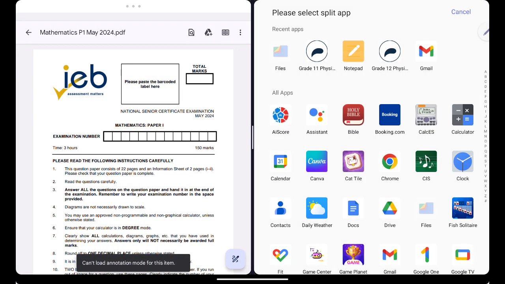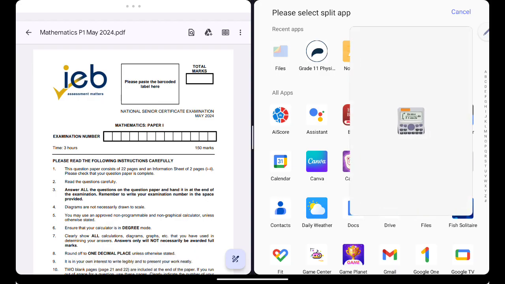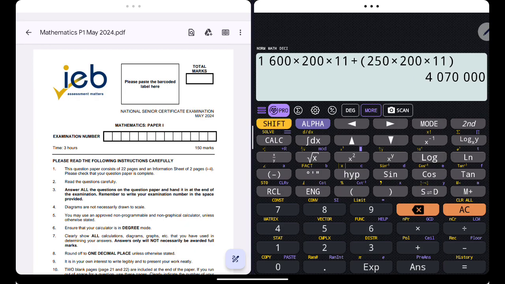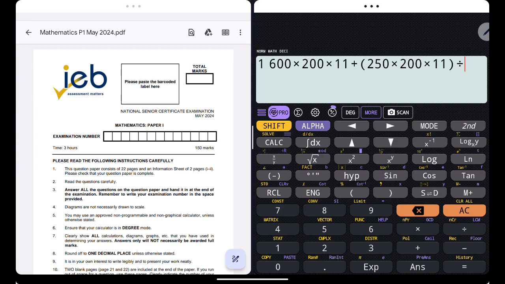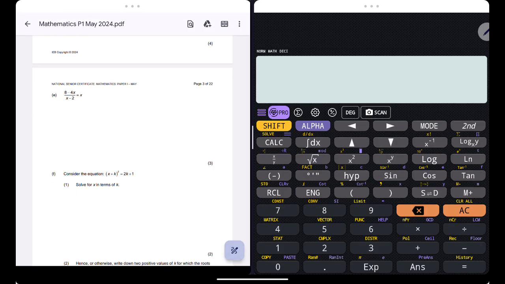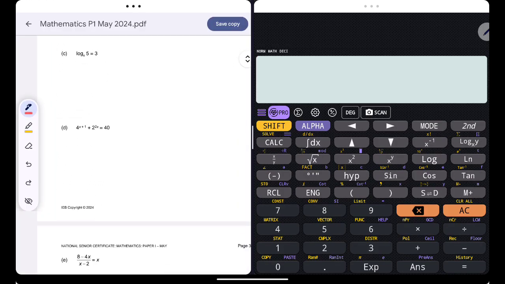Yo, this thing has erased everything. But I really hope that, guys, you were writing down. If you weren't writing down, please go back to the video. Just rewind the video.